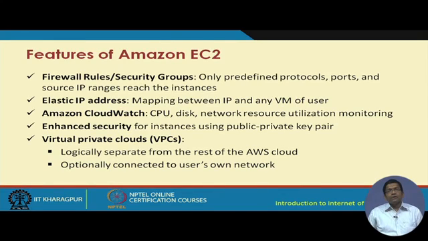Features of Amazon EC2 also include firewall support for firewall rules and security. So, overall there are predefined protocol ports, etc., with source IP ranges supporting different firewall rules and security mechanisms. Then Elastic IP address mapping, which basically maps between the IP and the VM of the user.